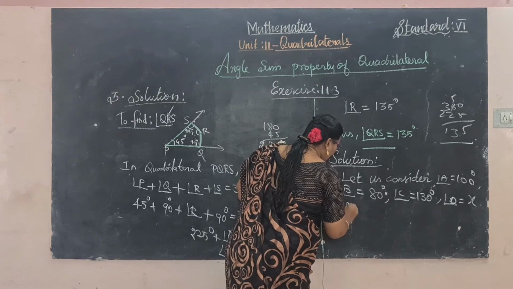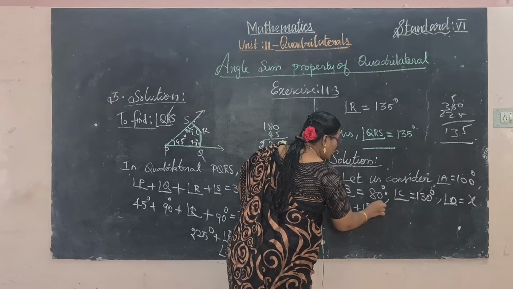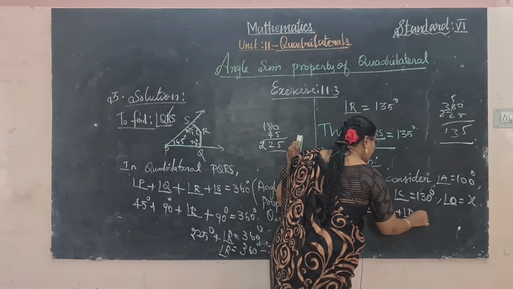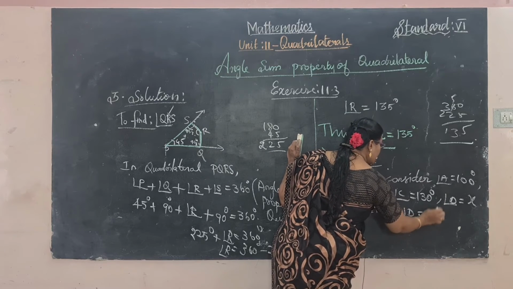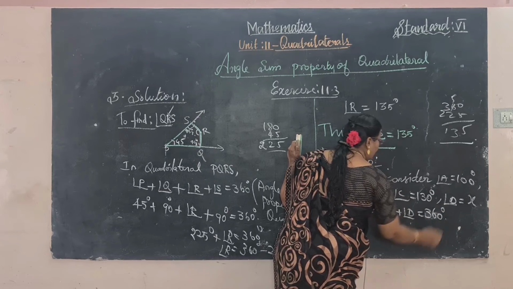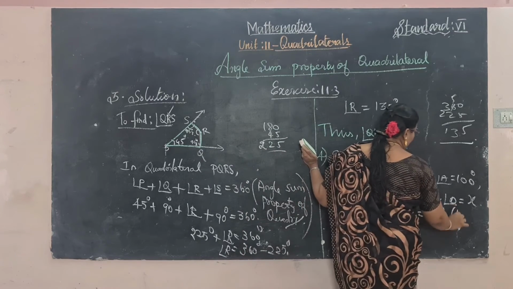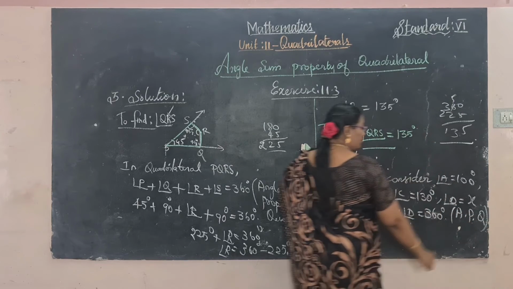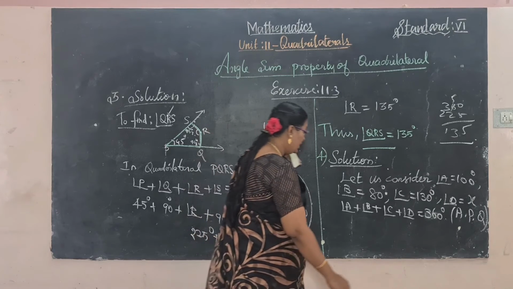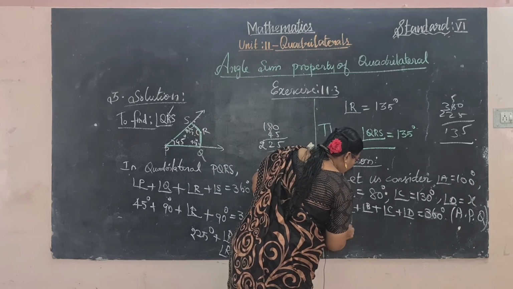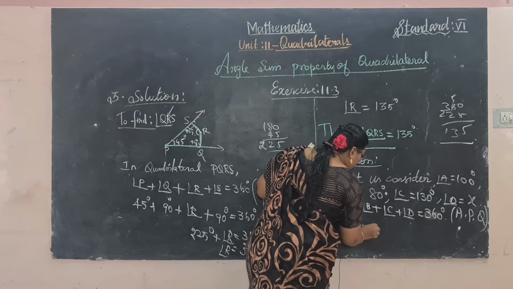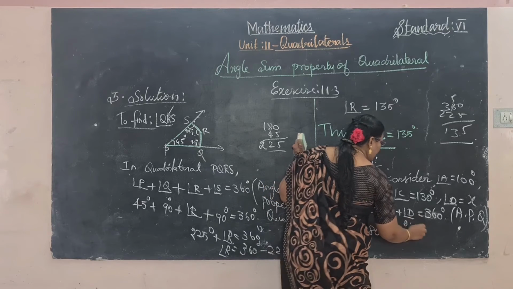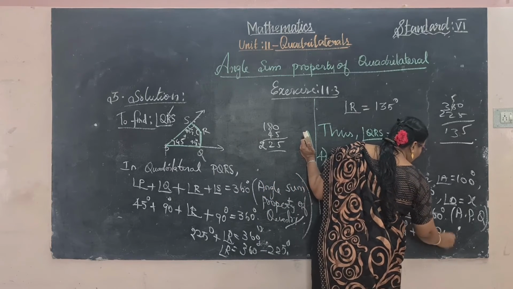Here also we apply the angle sum property of quadrilateral. The sum of four angles is 360 degree. Here write angle sum property of quadrilateral. Angle A is 100 degree, angle B is 80 degree, plus angle C is 130 degree, plus angle D is x, equal to 360 degree.